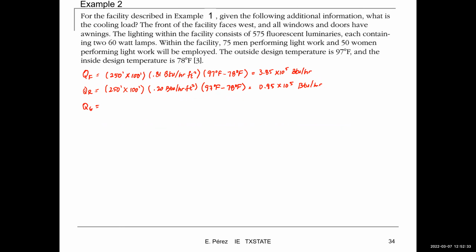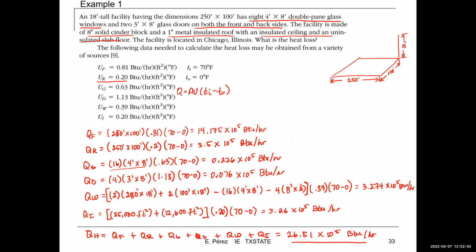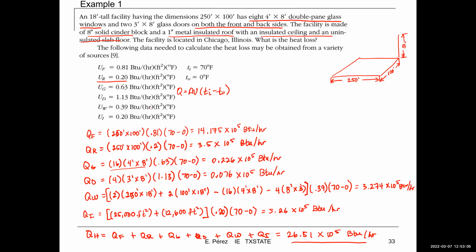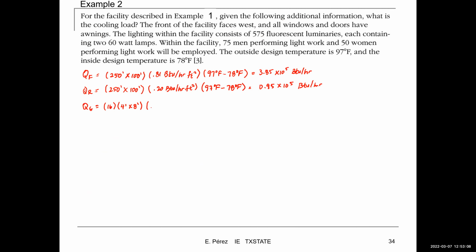For the glass windows, we have how many? 16 glass windows, 4 by 8. So 16, and the U factor for the glass windows is 0.63 BTUs.